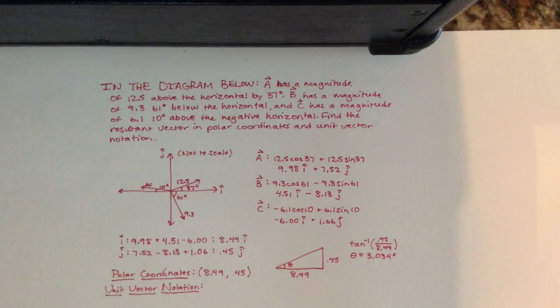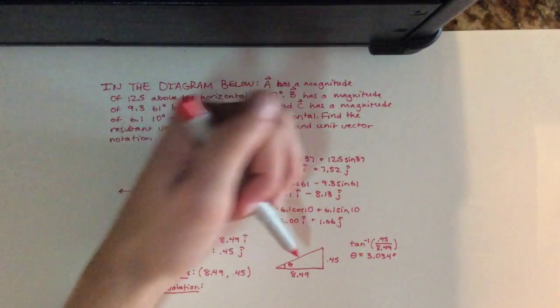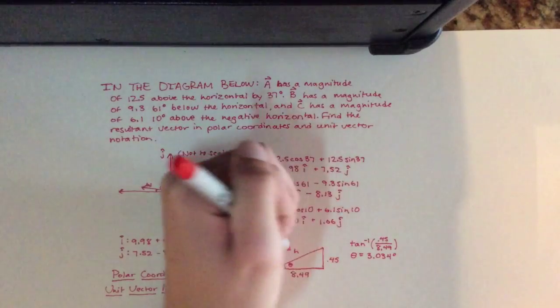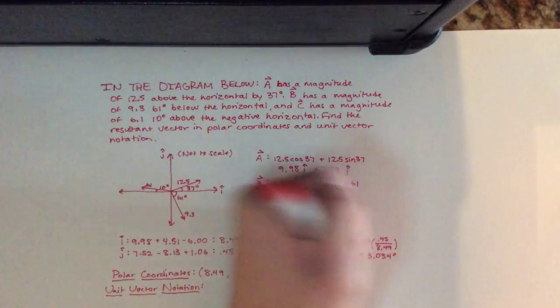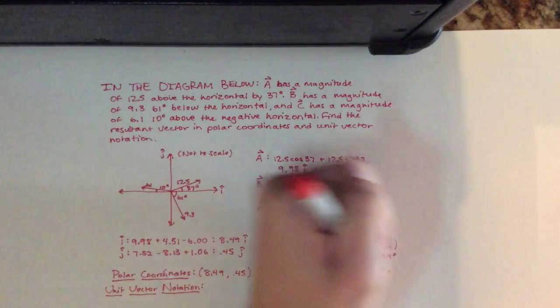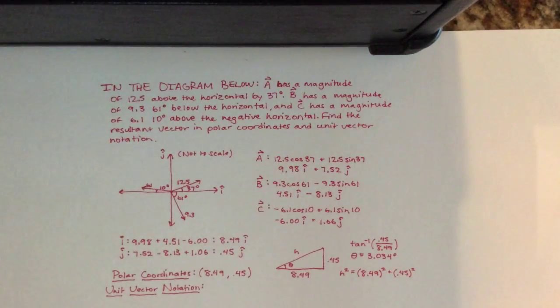And to find the magnitude of your resultant vector, you're going to use Pythagorean's theorem, which you've probably used before. You take the two legs of the triangle to get your hypotenuse, which is h. h squared equals 8.49 squared plus 0.45 squared. And if you were to have negative components, this wouldn't really matter because you're squaring it.